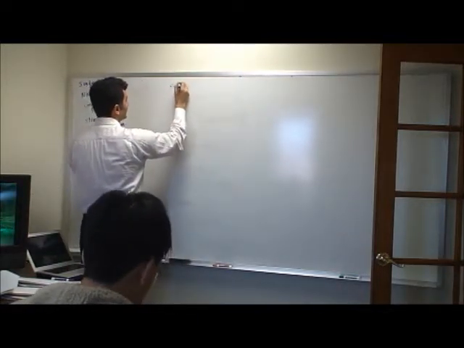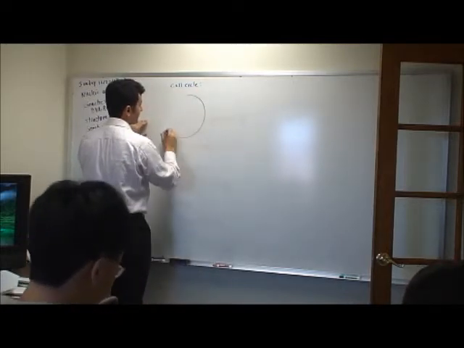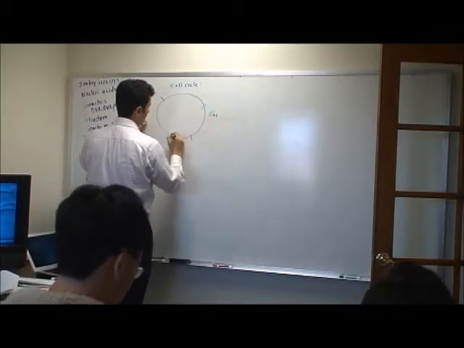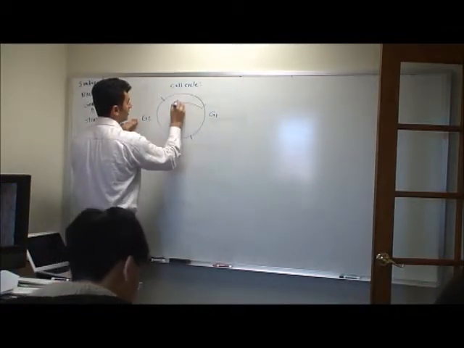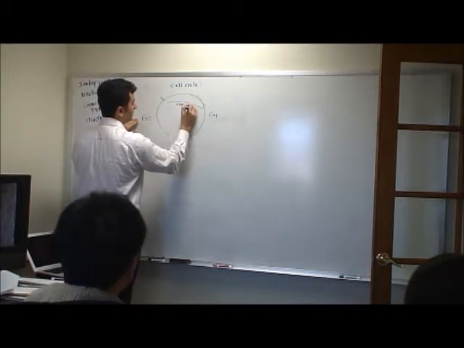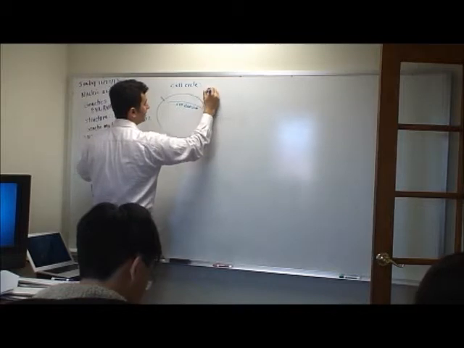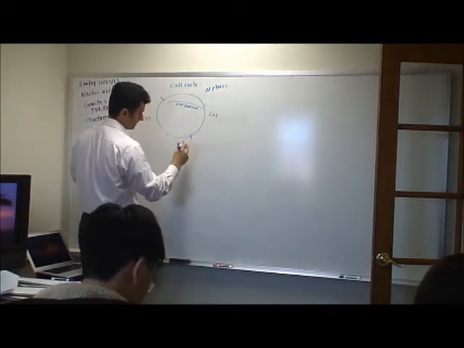We'll go over this. Cell cycle. It consists of different phases. One is called G1, one is called S, the other one is G2. And this is called cell division, also referred to as M phase, mitosis or meiosis phase.